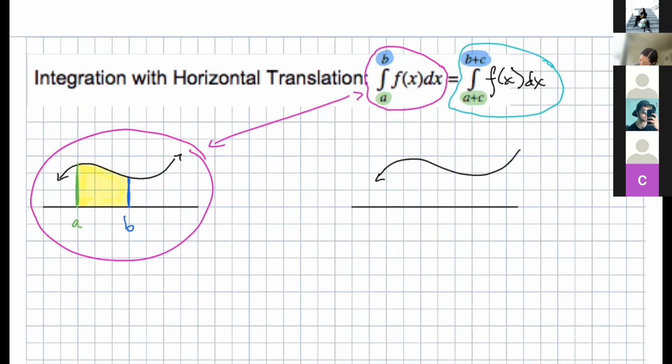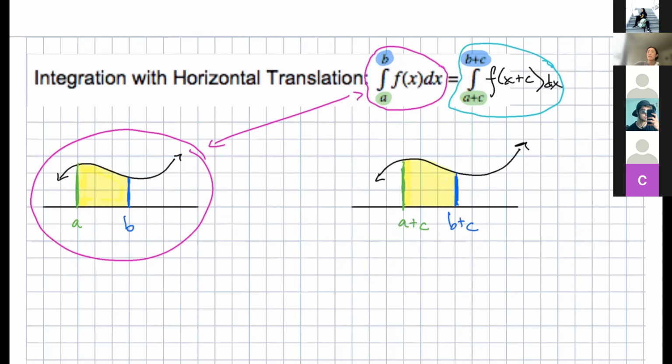We'll try and duplicate this as best we can, but now we are starting at our A plus C, and we're ending at our B plus C. Okay. And one thing we might notice is that the area, because we're sliding the entire graph, and oh shoot, I forgot a really important part here. X plus C, all right?